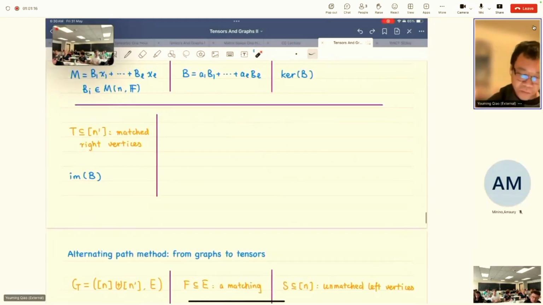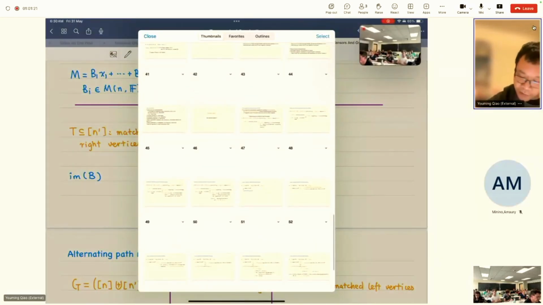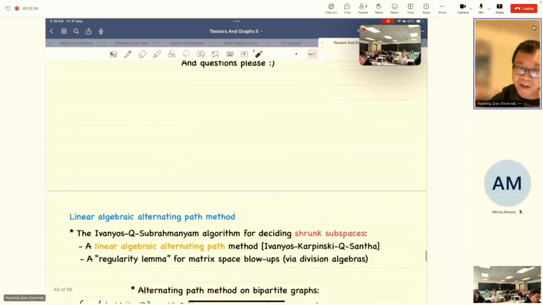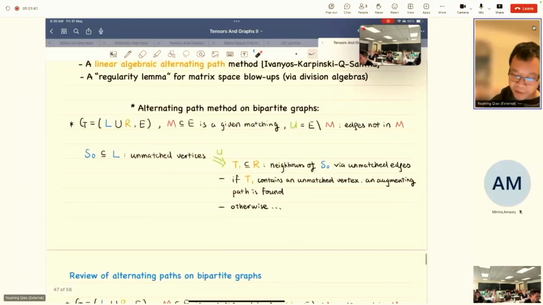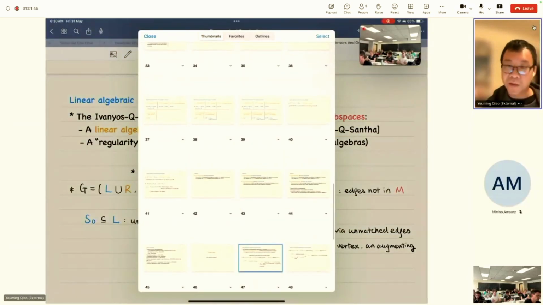And if you go to the last few slides, you have another version explaining our method and how it compares with the alternating path method in graphs. So I hope that one of these versions will be here for you if you want to understand the linear algebraic analog of the alternating path method.